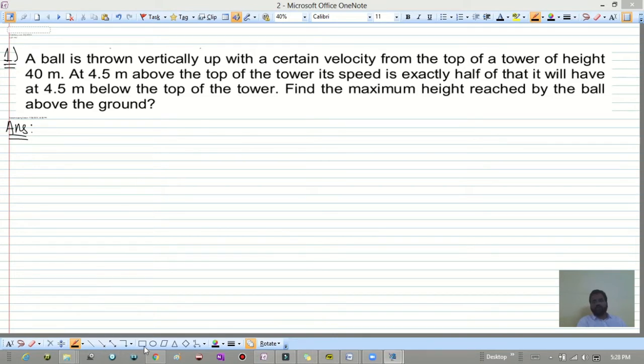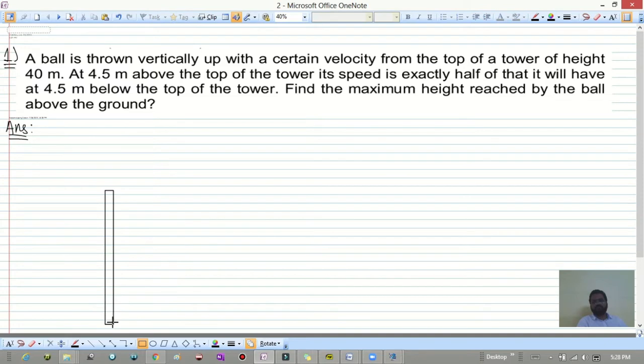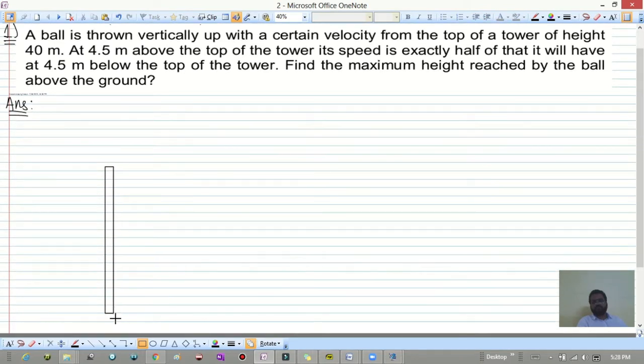Okay, so it is given. We have one tower. From this tower, when one object is thrown up, at 4.5 meter height its velocity is supposed to be v. Okay, and at height h, its velocity must be then 0, right? Now then only it will have the maximum height.